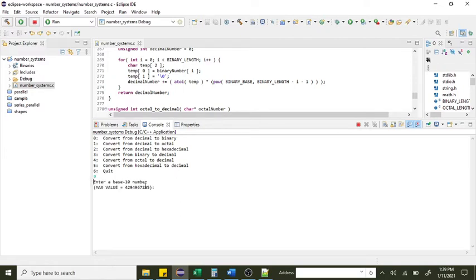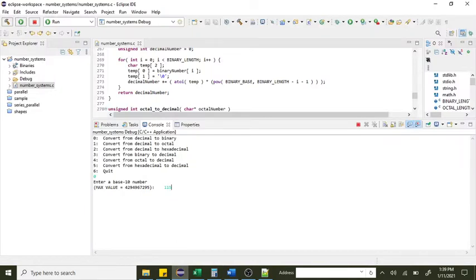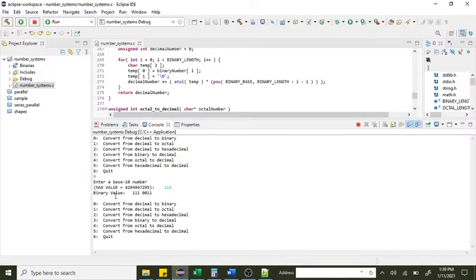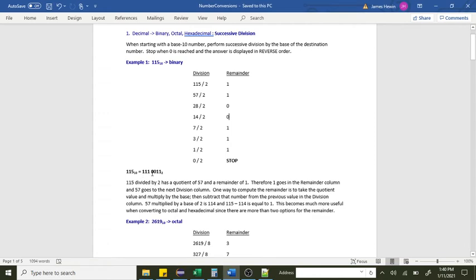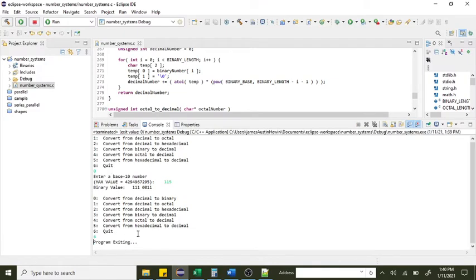You enter a base 10 number, 115, and that gives me binary value 1110011. So that's good. My calculations, my program, and the Windows program all concur. Quit that.